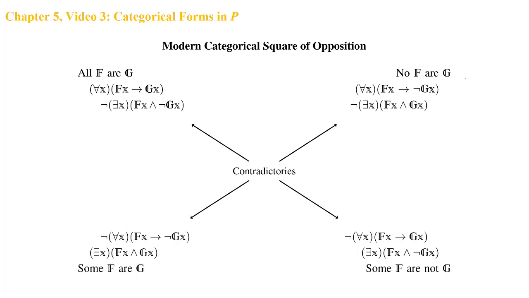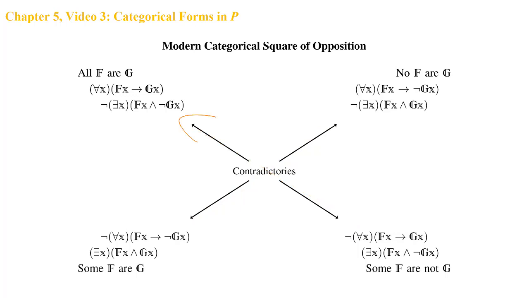And down below that we have the some F's are not G. Again, I like the existential form here with the negation interior, but it is perfectly equivalent to take all F's are G's and negate that to get some F's are not G. Now, as we noted, the diagonally opposite corners are contradictory, and this is similar to the simple square of opposition which we've seen before.